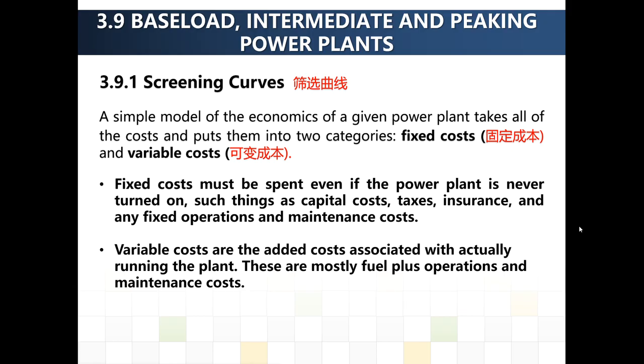The fixed cost must be spent even if the power plant is never turned on. So the fixed costs include capital costs, taxes, insurance, and the fixed operation and maintenance costs. Variable costs are associated with actually running the power plants. They are mostly fuel plus operations and maintenance costs.